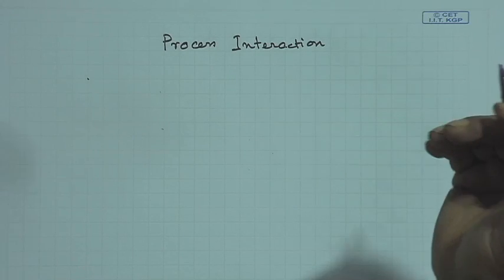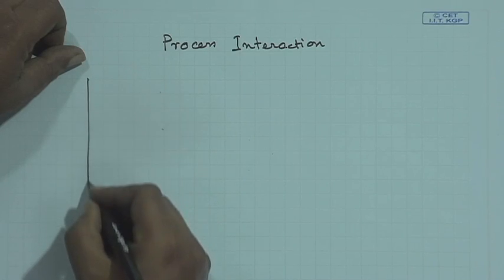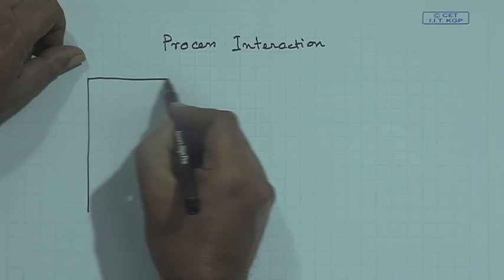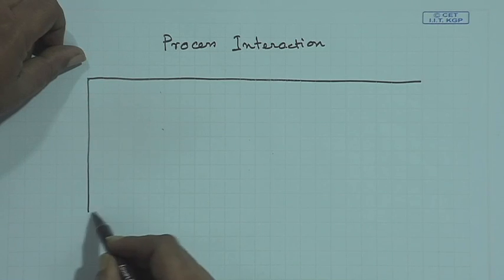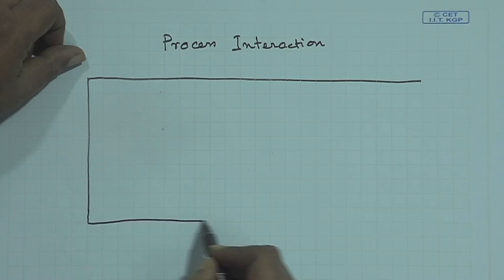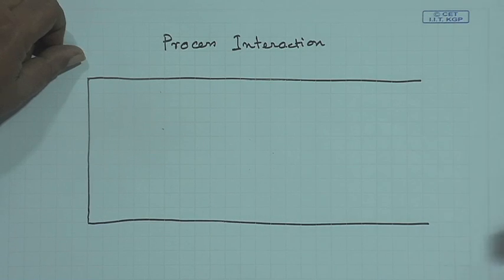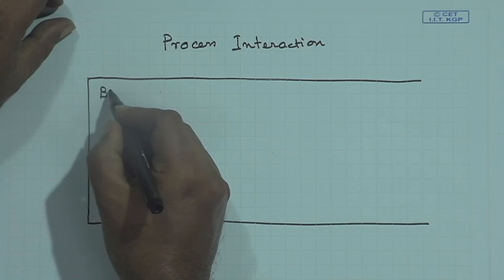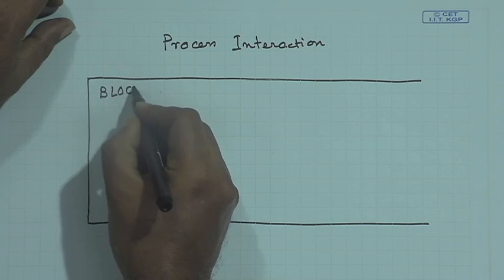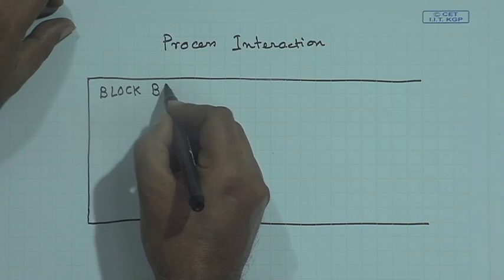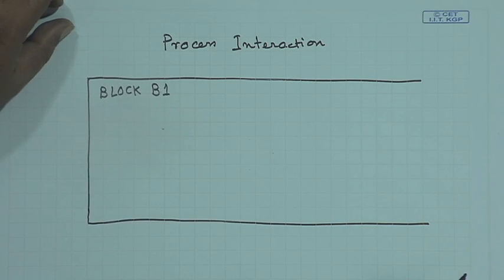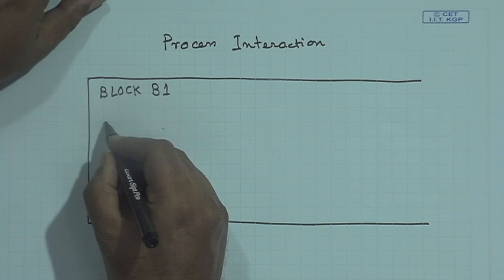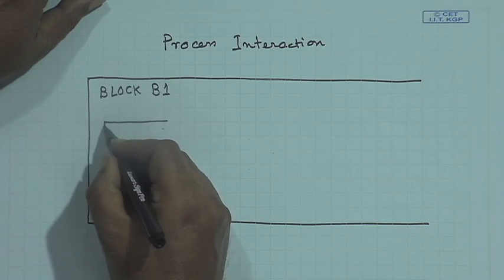I said that a block is a higher level than a process. So, say I am describing a block. Just as I had higher states in state charts, let me call it say a block B1, all right, and there I am declaring a signal.